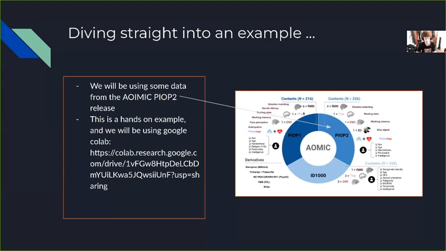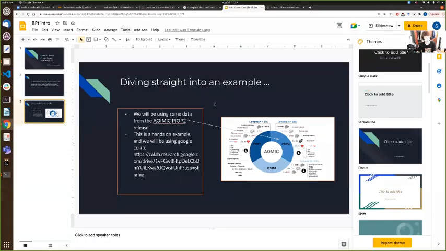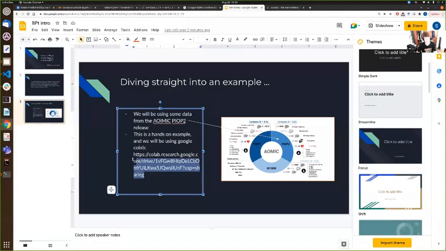Hopefully I'll have some better way of sharing this link with everyone, because I don't think anyone wants to type this into their browser. 1BFGW8. Anyways, we can just hop right in. I'll leave this up. If there's really no way to transfer it over, you could type that in.